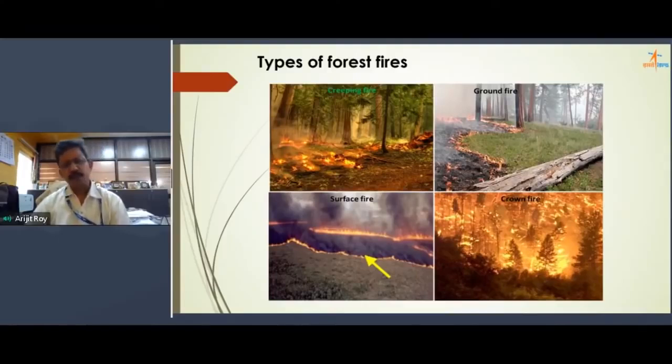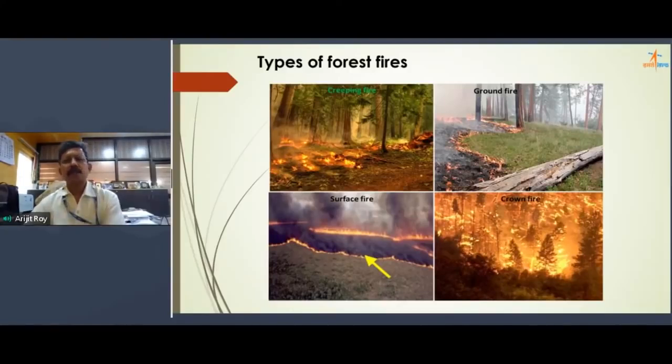Then we have the surface fires, which are predominantly in the savanna regions, especially in Africa, which is one of the most devastating of the forest fires, because most of the wild flora which are there in the savanna are killed or affected.